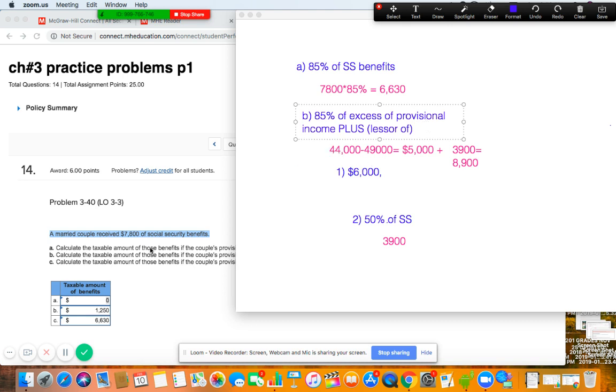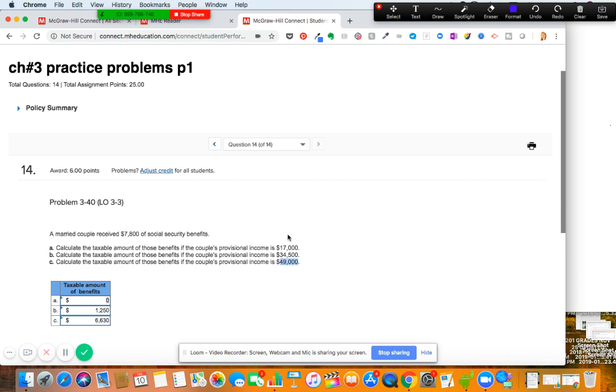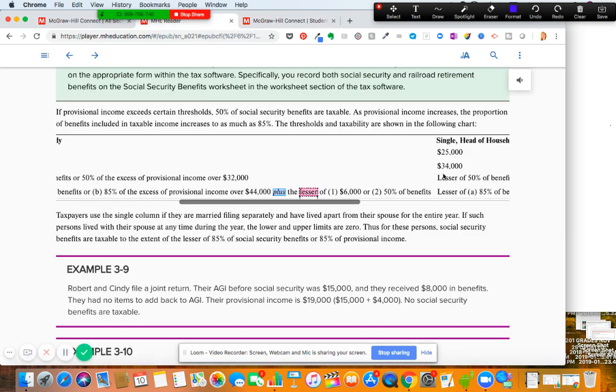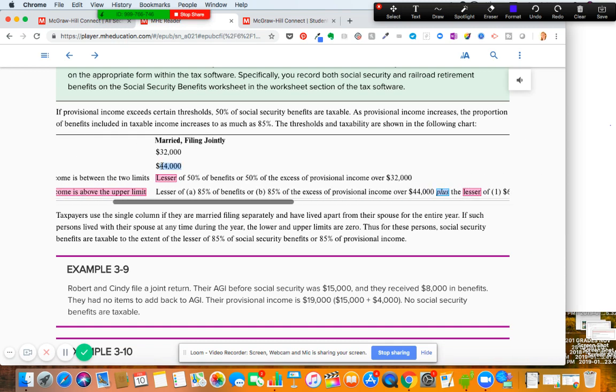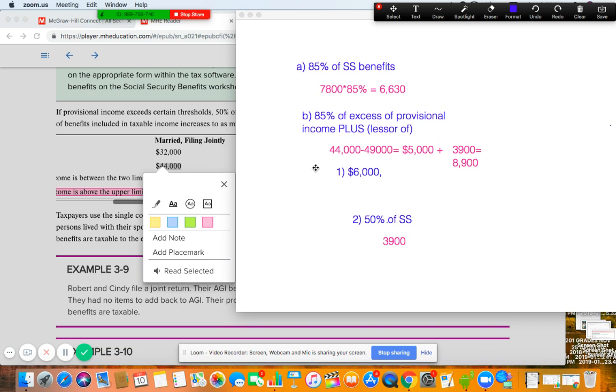Now we need to take 85% of the excess of provisional income. In this scenario, we had $49,000. The upper limit, remember, is $44,000 for a married couple. So $49,000 minus $44,000 is $5,000. That's the excess of provisional income above the upper limit.